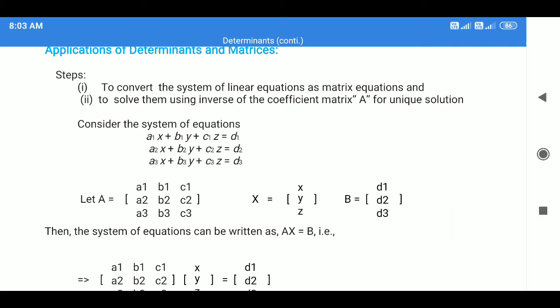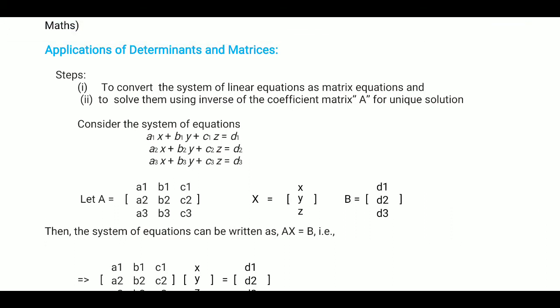Consider the system of linear equations like this: a1x plus b1y plus c1z is equal to d1, a2x plus b2y plus c2z is equal to d2, a3x plus b3y plus c3z is equal to d3.